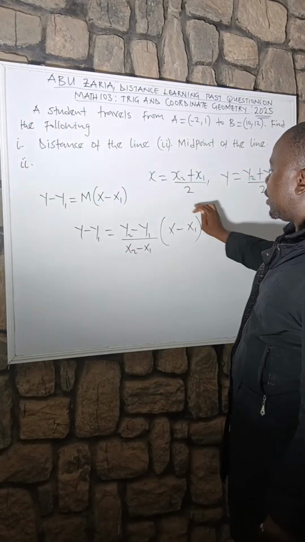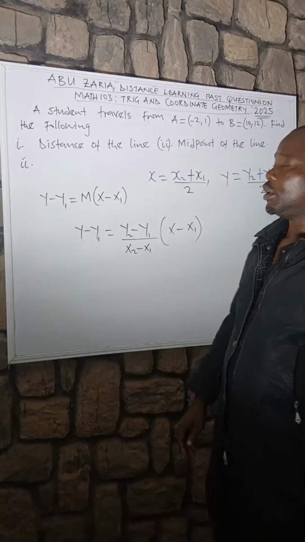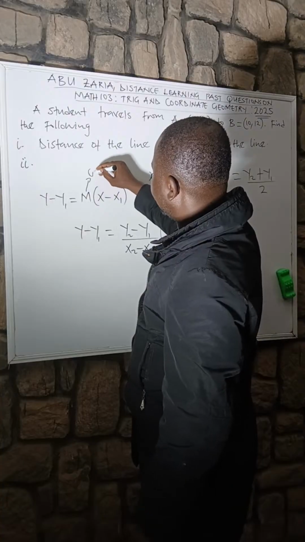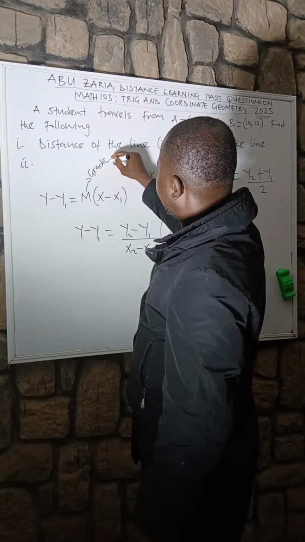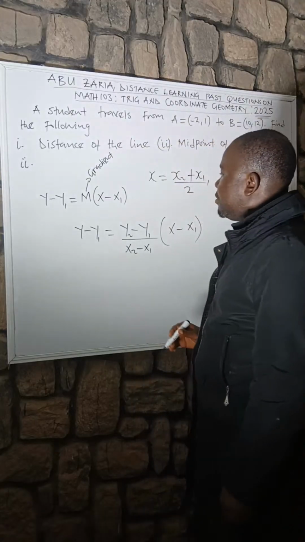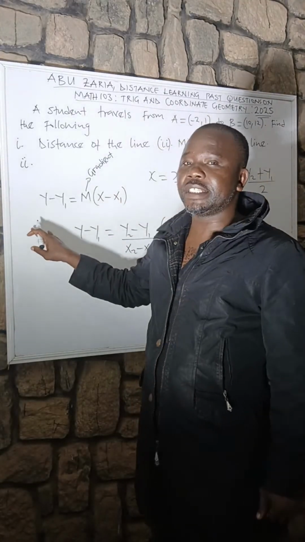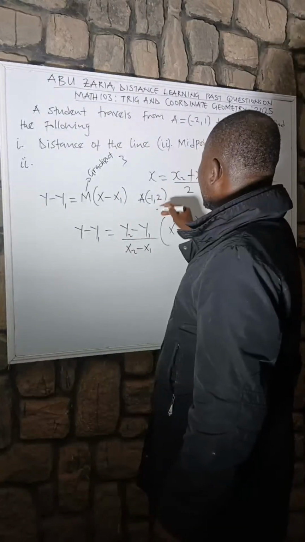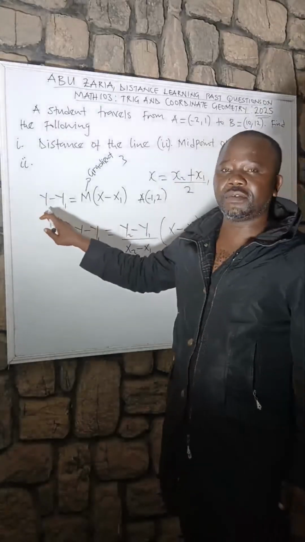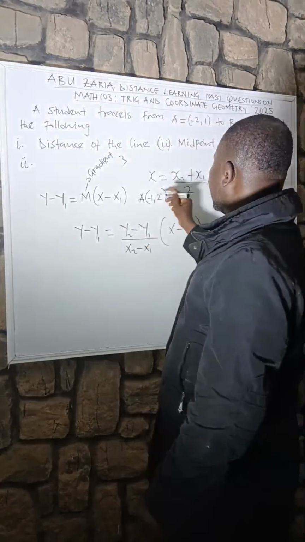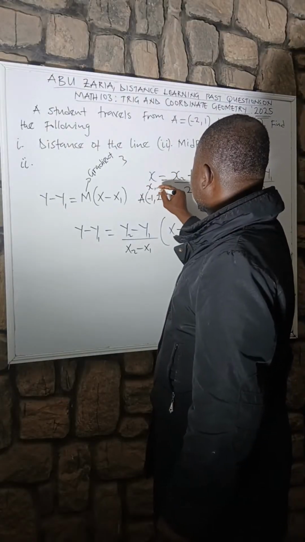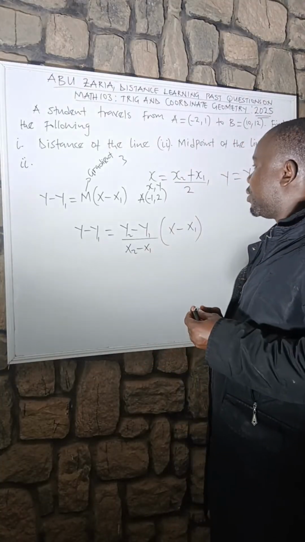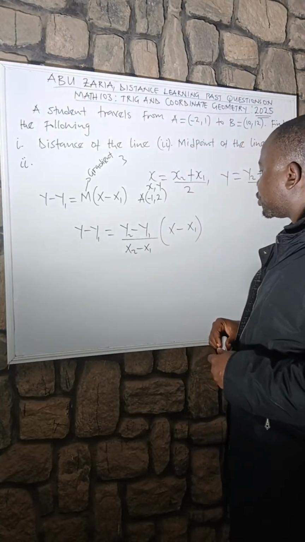You know that this m is the gradient. So supposing you were given the gradient and one point, that is when we can use this formula, because the coordinates are x, y. Do you agree with me? Please take notes of this type of question.